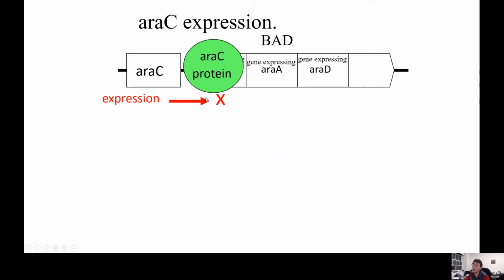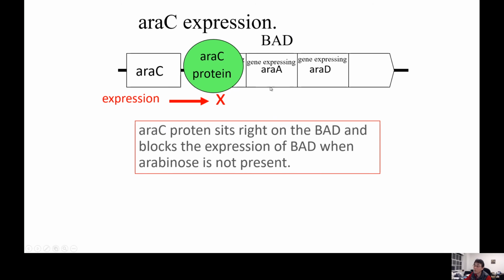So in this case, the ARAC protein sits right here, so RNA polymerase can't really transcribe these three genes.